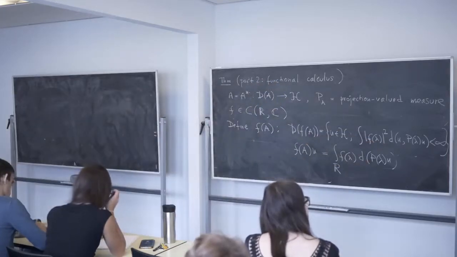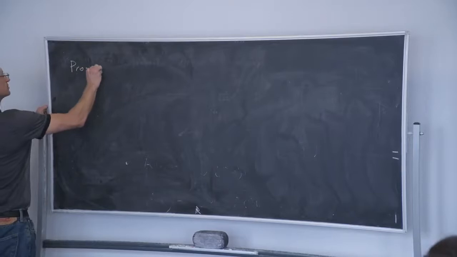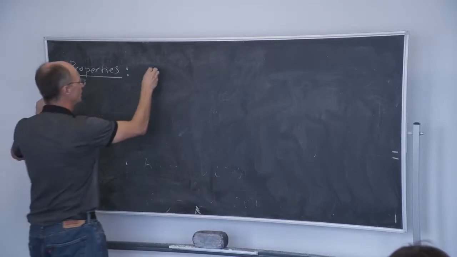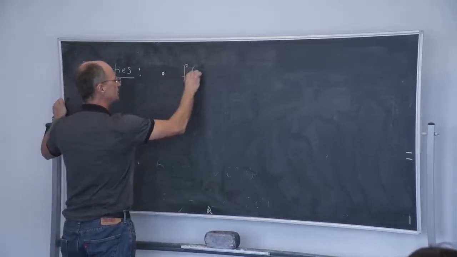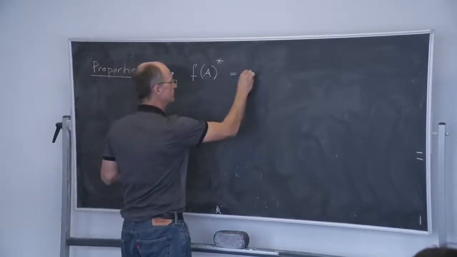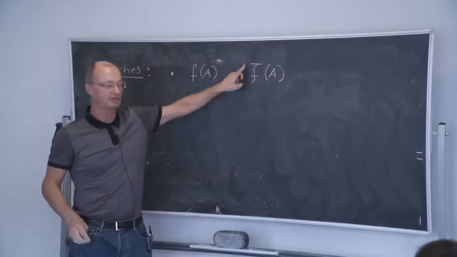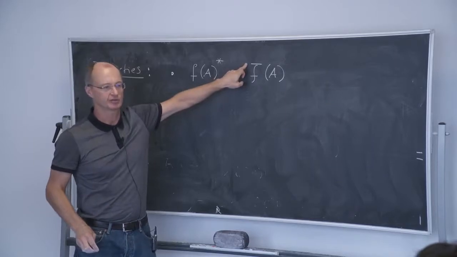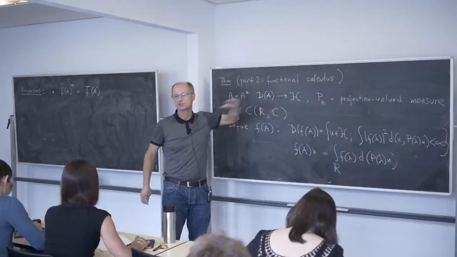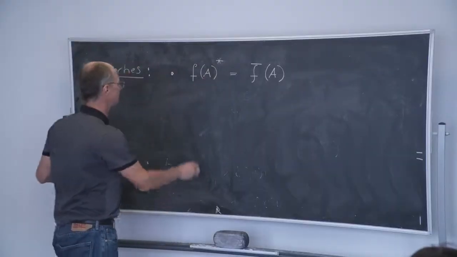And then the following properties hold true. So the adjoint of this operator is equal to the function f bar of A, where this is just a complex conjugation of the function. Right? So this was a function of a real variable with possibly complex values, so we just conjugate that function, we obtain a new function, and that's the adjoint of that operator.